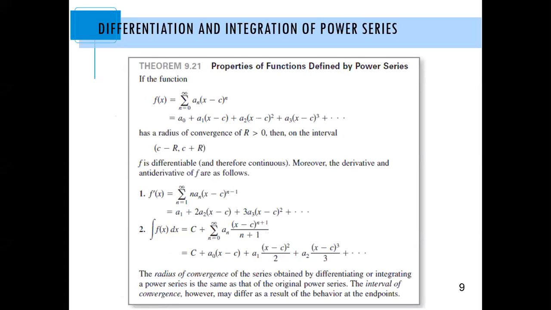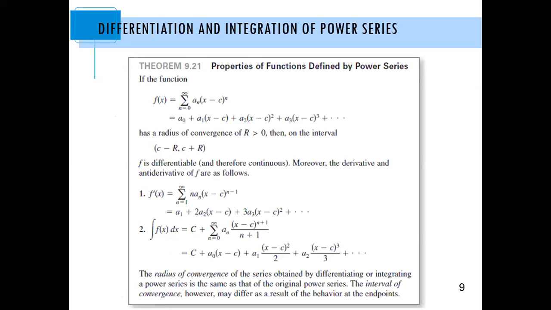Okay. So again, you have a power series, you have a radius of convergence, you have an interval of convergence from c minus R to c plus R, and you might include the endpoints, yes? But then the question is, what happens if I take derivatives of the power series?